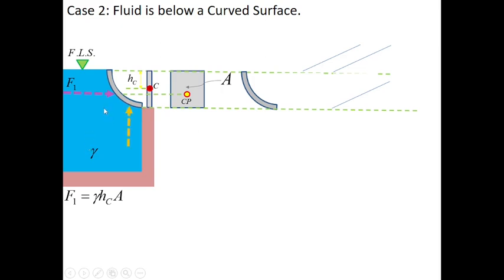The vertical component of the hydrostatic force for case 2 is directed upward. Kasi if the fluid is below a curved surface, may force na nag-a-act pataas doon dito sa curved surface na to. Okay? So, that is F2.